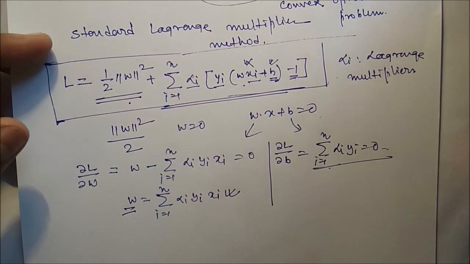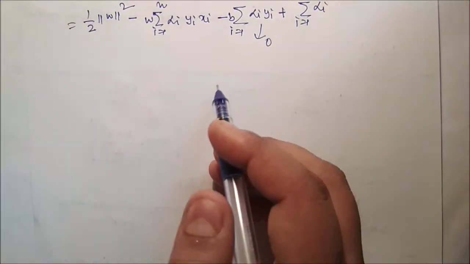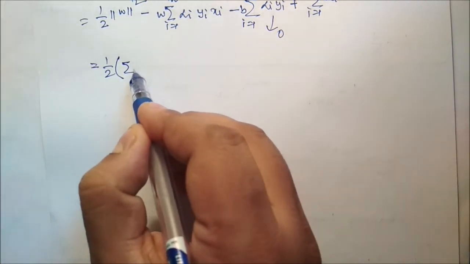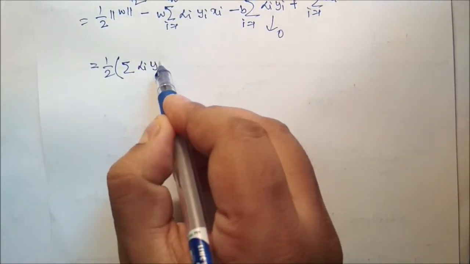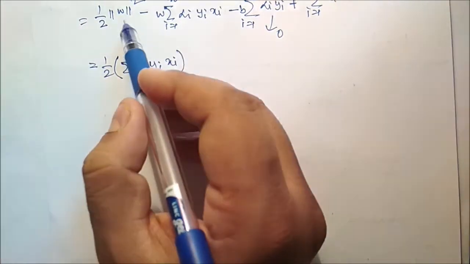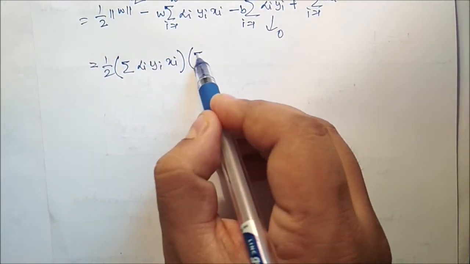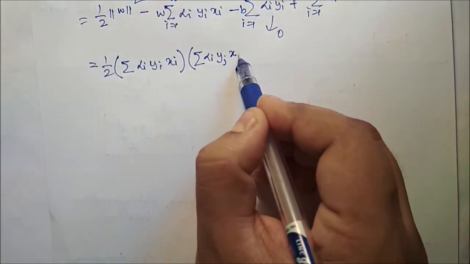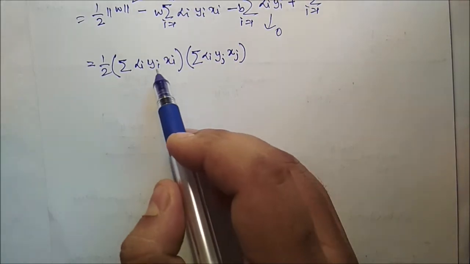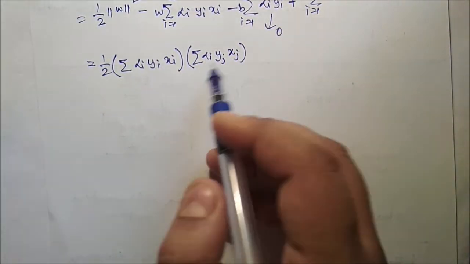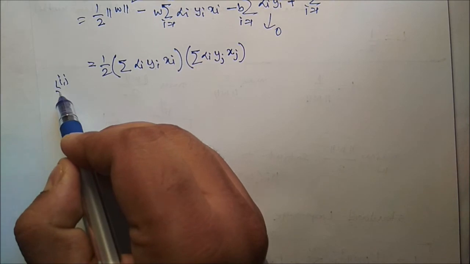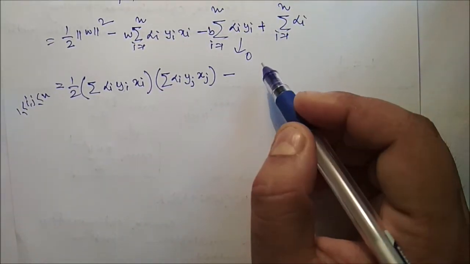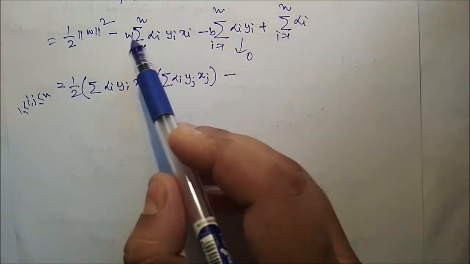So w squared we can write like another alpha i yi xi. Now for mathematical convenience, instead of taking i on both sides, we can take i and j, where both i and j are in between 1 to n, minus this particular part.